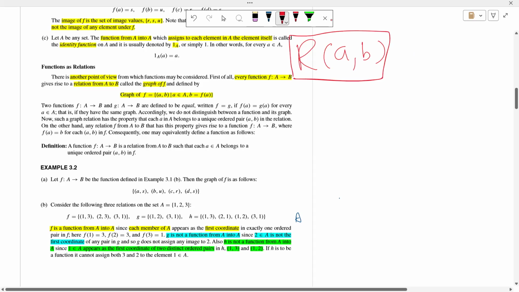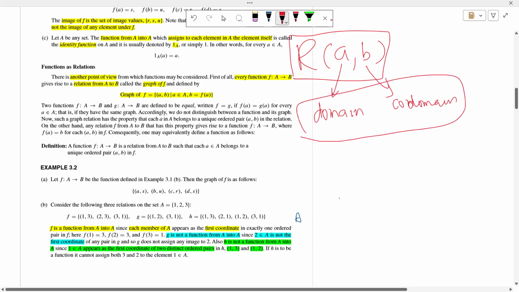If I convert a function into a relation, the first element is the domain element and the second element is the codomain element. From another point of view, we can define functions as relations.